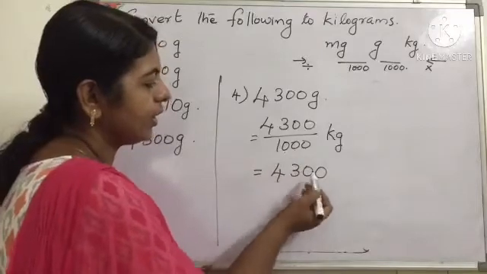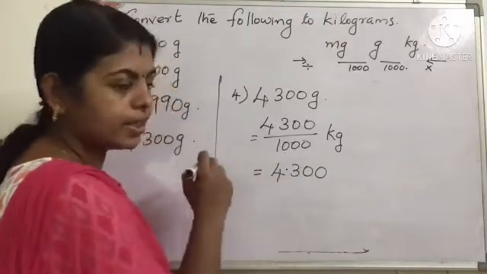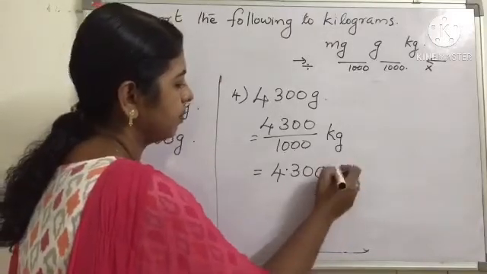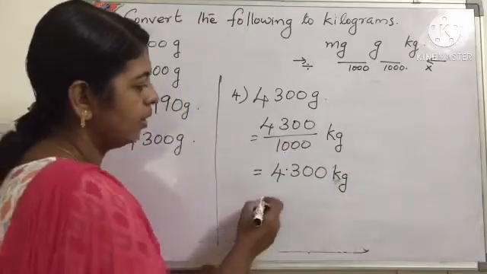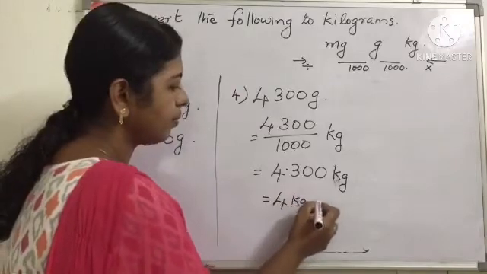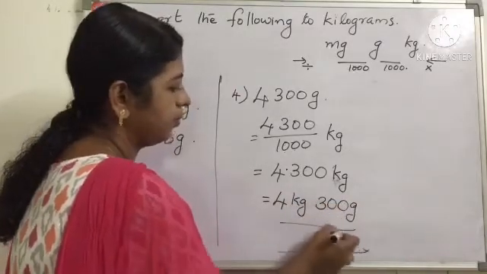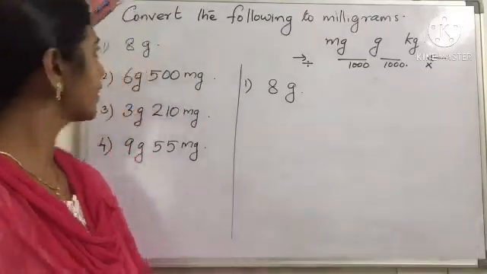So after 3 digits we want to give the decimal point. Okay, this much kilogram. What does it mean? It means 4 kilogram 300 gram. Clear?